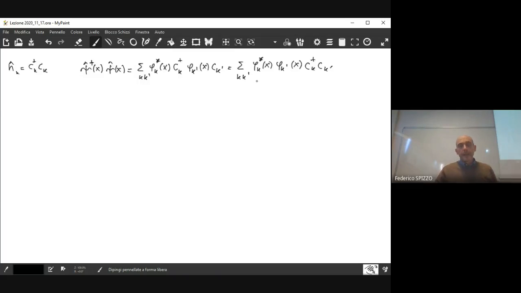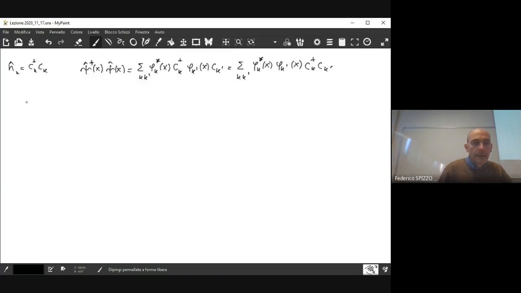Now, this resembles a sort of scalar product between the wave function of level k prime and the wave function of level k. But to have the scalar product, I should perform the integral over the whole space.